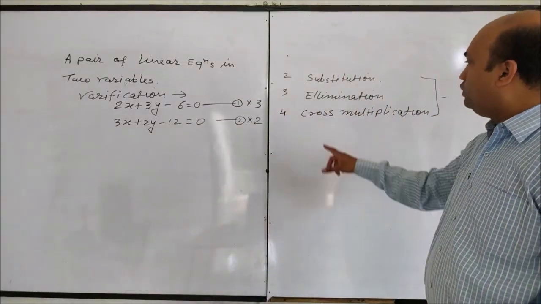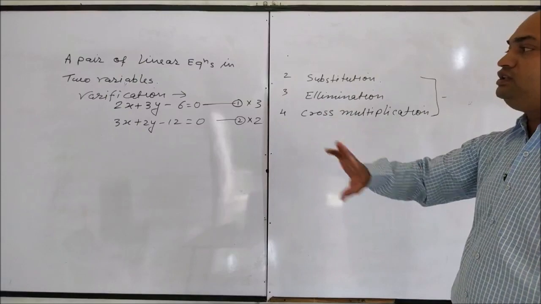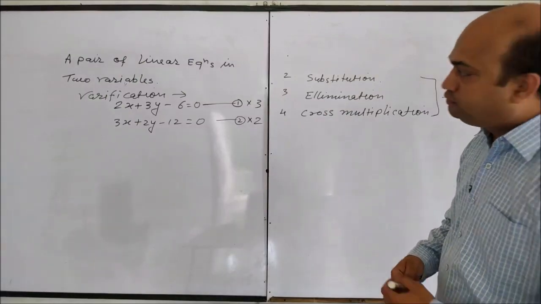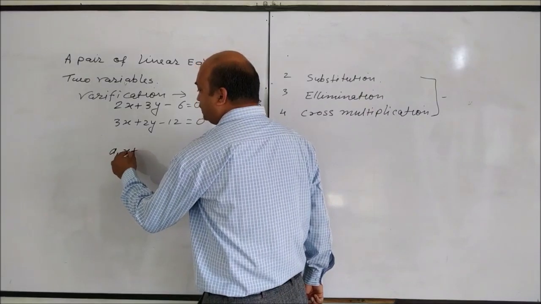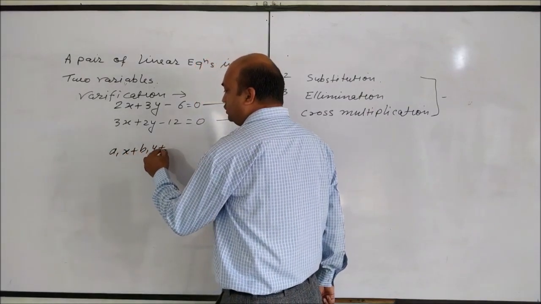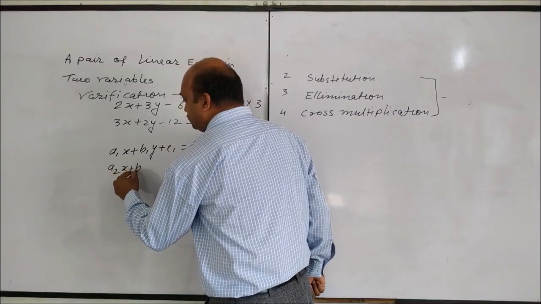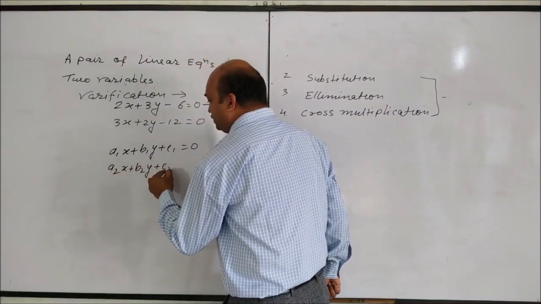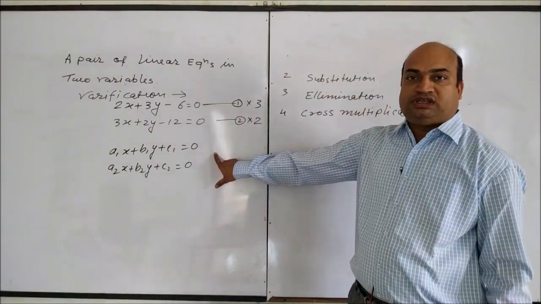Now, if we want to use the cross multiplication method to find the solutions of these equations, we compare them with a1x plus b1y plus c1 equal to 0 and a2x plus b2y plus c2 equal to 0. These are the general equations in two variables.